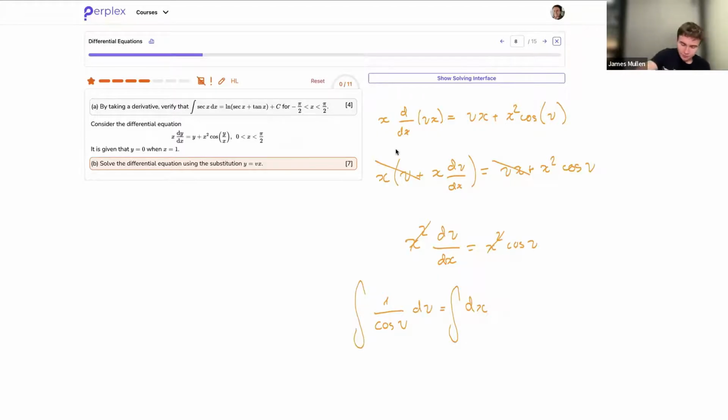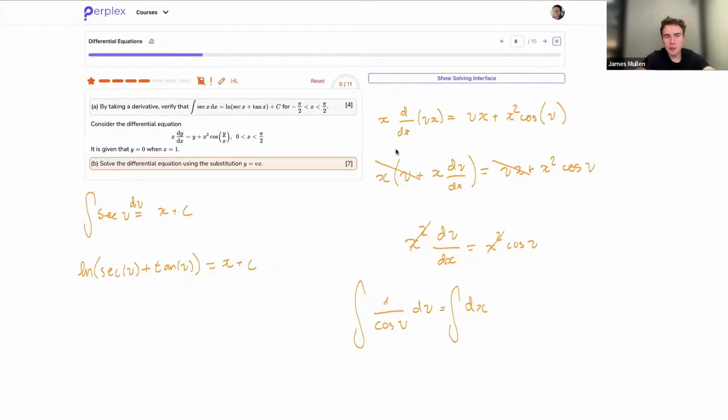And so I can say that I have the integral of secant of v dv is equal to, and the integral of dx is just x plus c. Now I know what the integral of the secant of v is. We found it in part A, or we verified it in part A. So it's going to be ln of the secant of v plus tan of v is equal to x plus c. It's my bad, I forgot the dv.